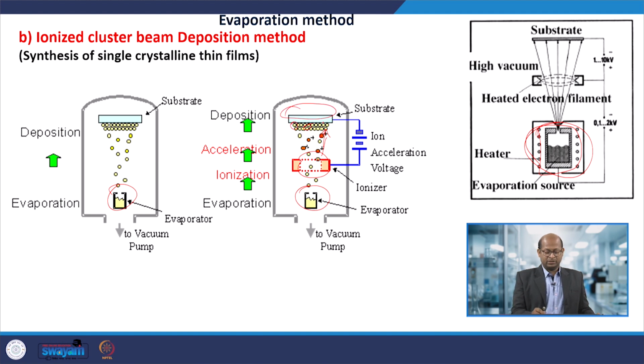Here you can see the yellow globules, or spherical particles, evaporated out and deposited over the target cold surface.